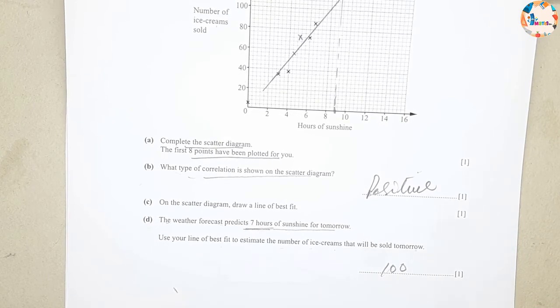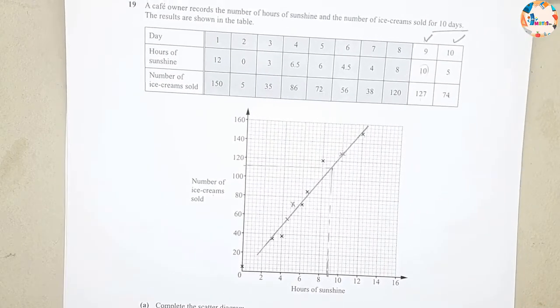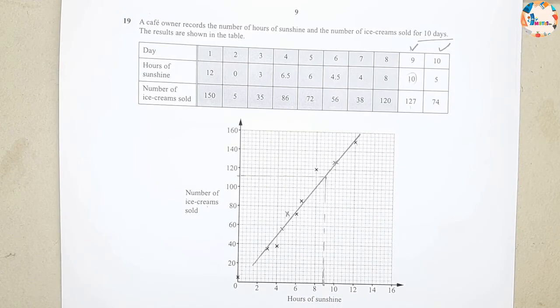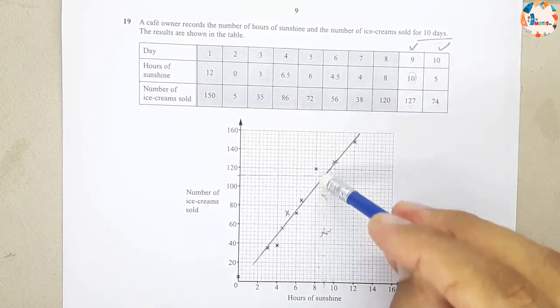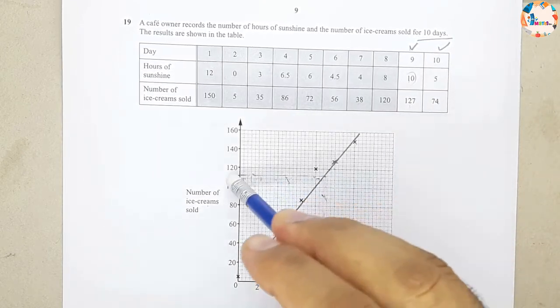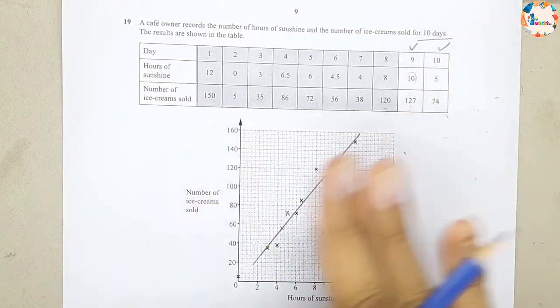I'll correct this question because by mistake what we have done, instead of 7 hours we have taken like 9 hours. So I will erase this line. Instead of 9 hours we have to take 7 hours, so I'll just rectify.